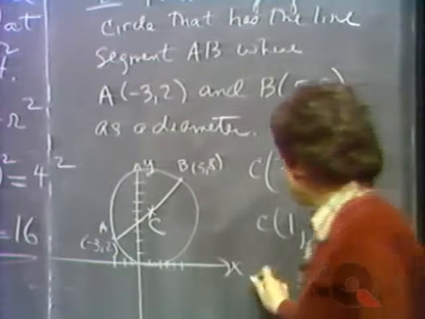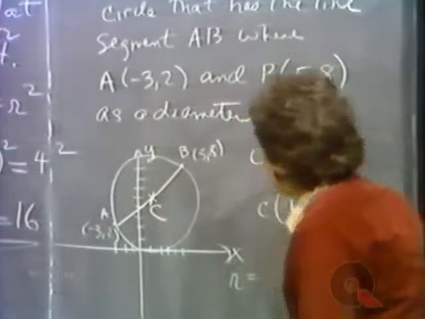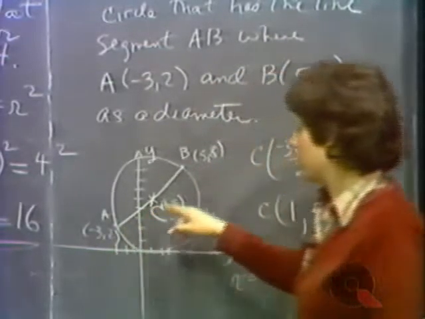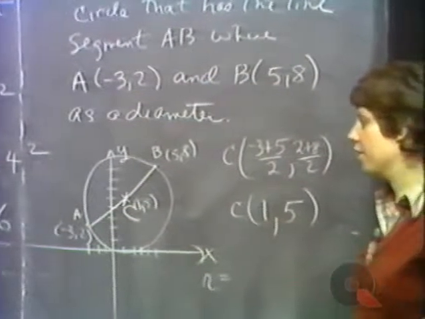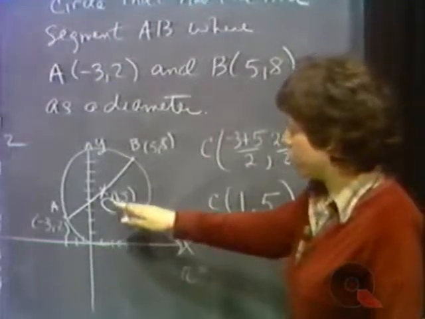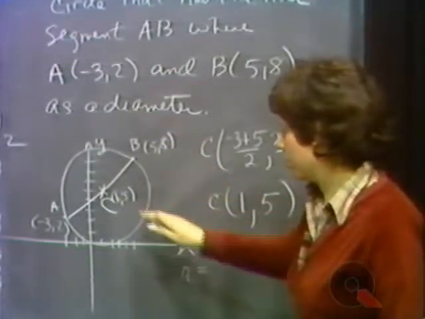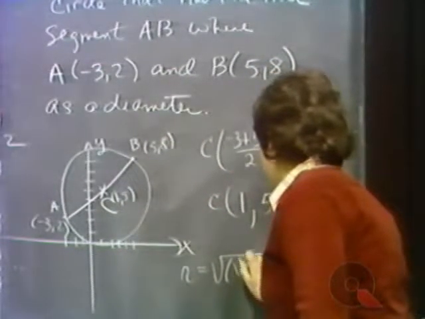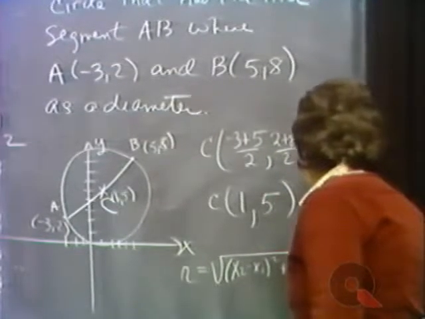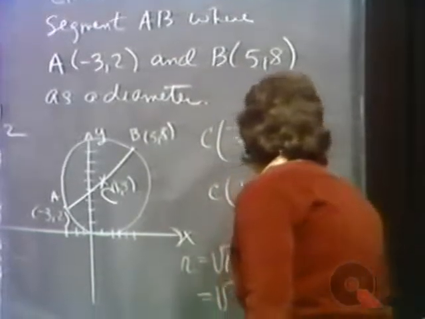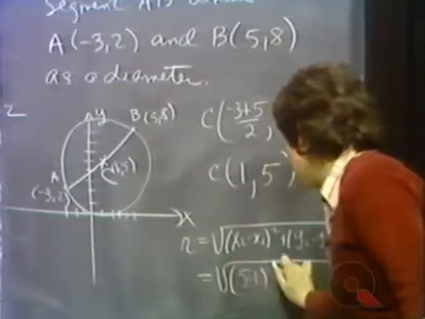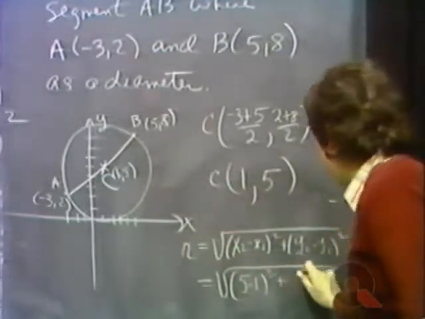Now, the radius is the distance between either (-3, 2) and (1, 5), or (1, 5) and (5, 8). So let's arbitrarily say between C and B. We're using the distance formula, the square root of (x2 - x1)² + (y2 - y1)². The square root of (5 - 1)² + (8 - 5)².